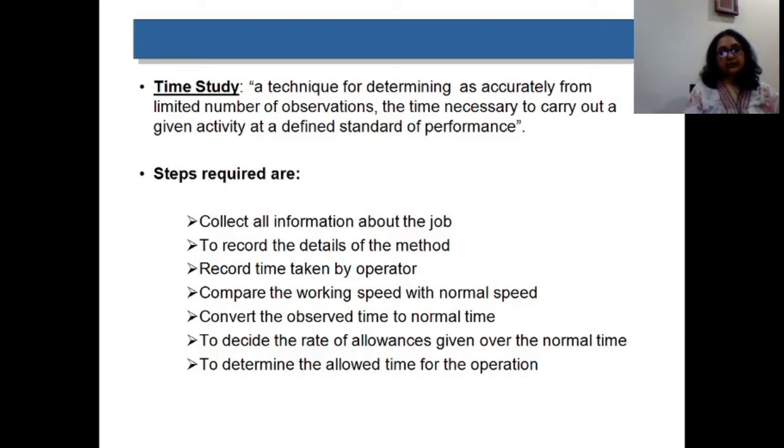Then decide the rate of balancing, that is how much more time can be given over the normal time for a particular activity to be carried out by a qualified person, by the operator. And lastly, determine the allowed time for the operation. So this is how time is established with the help of the time study technique.